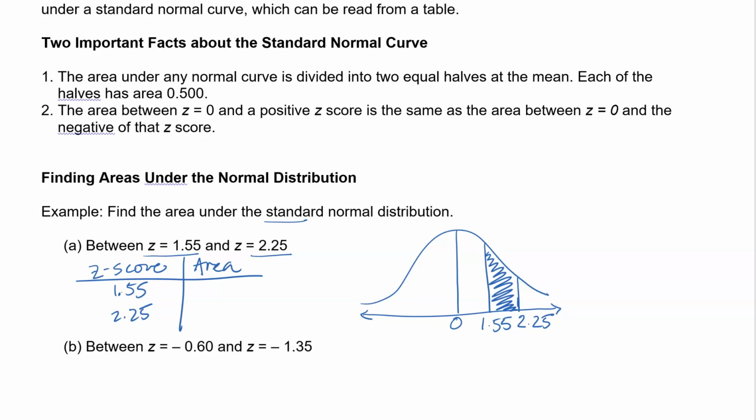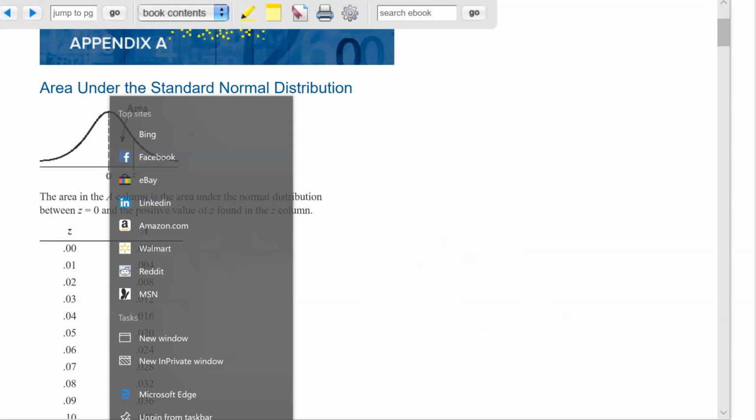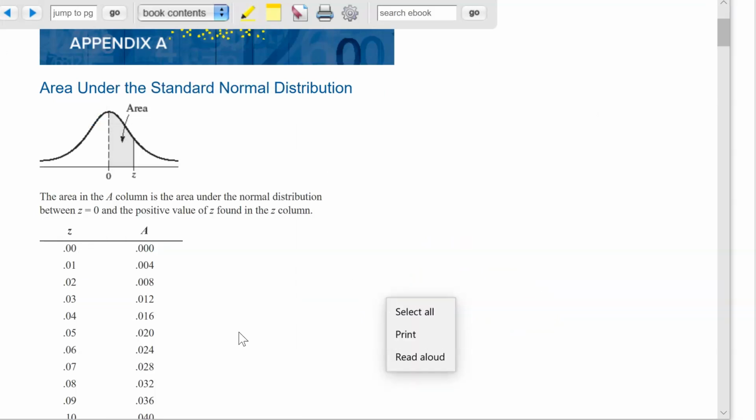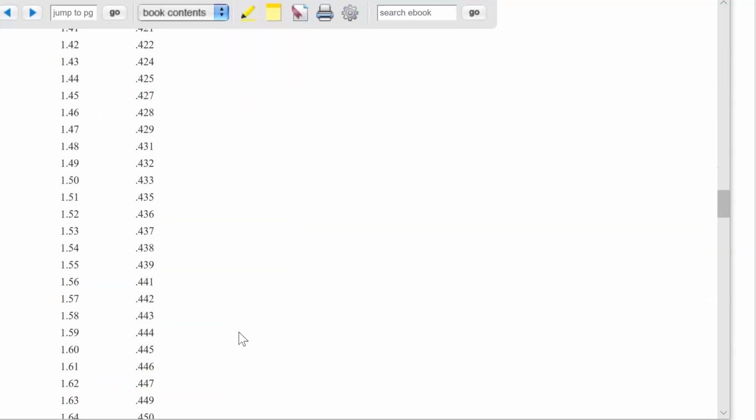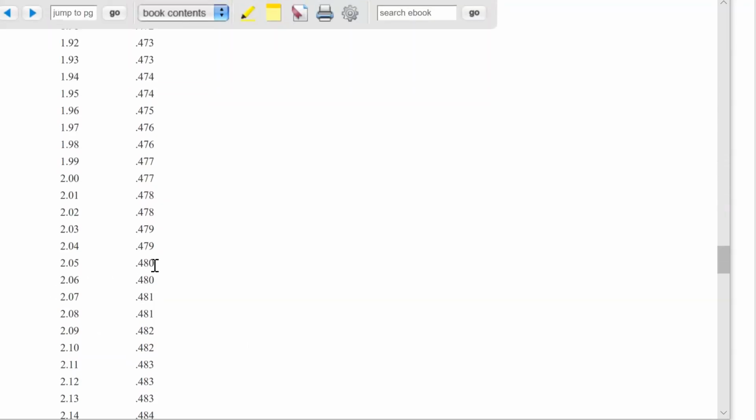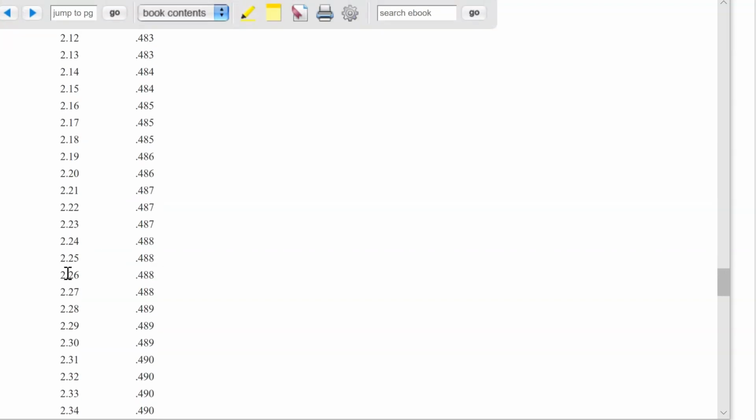So we're going to go to the table, let me pull that up. Okay, we're going to go to 1.55. So it looks like a Z-score 1.55 has an area of 0.439, and then 2.25 has an area of 0.488. Okay, so I'm just going to write those down.